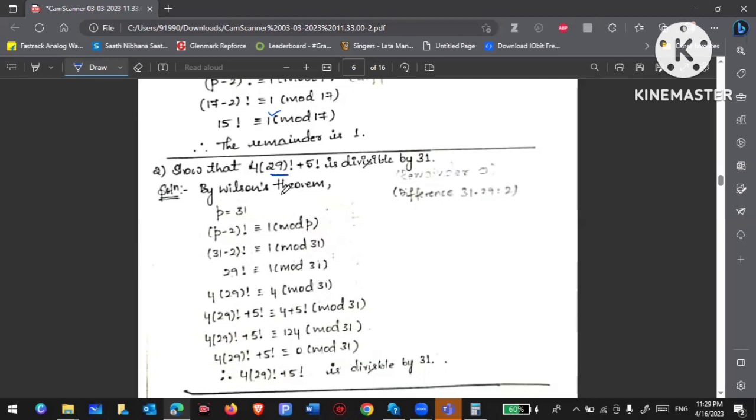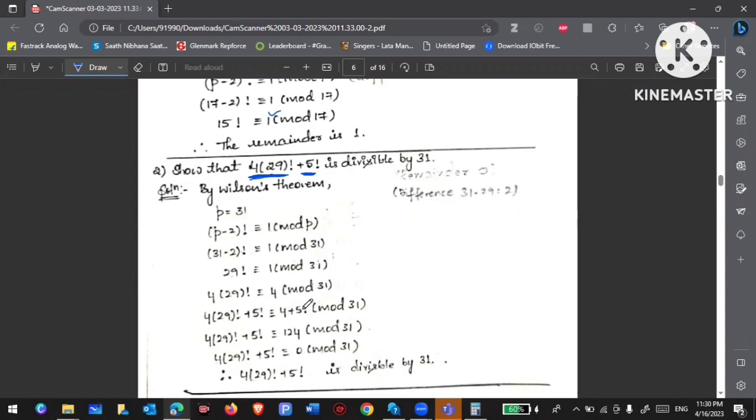All right, then what we have got till now: 4 of 29 factorial. We still need plus 5 factorial, in addition to that. So 4 of 29 factorial plus 5 factorial is congruent to 4 plus 5 factorial, added on both sides.